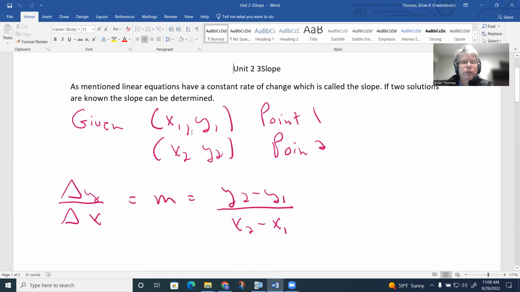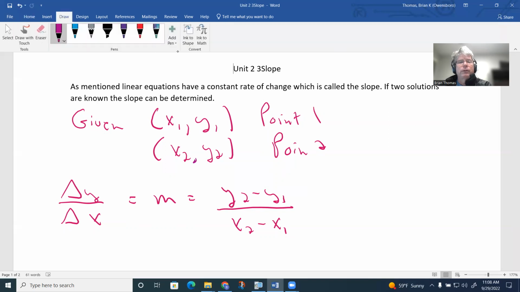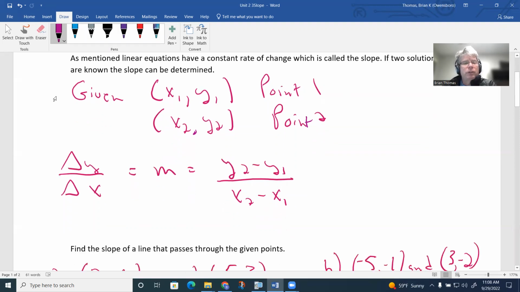So the way we do this is if we're given 2 points, x1, y1 is going to denote point 1, and x2, y2 is going to denote point 2. So remember, the slope formula basically is the change in y over the change in x. But remember, to find change, you actually have to subtract.